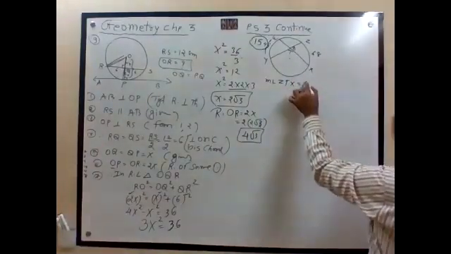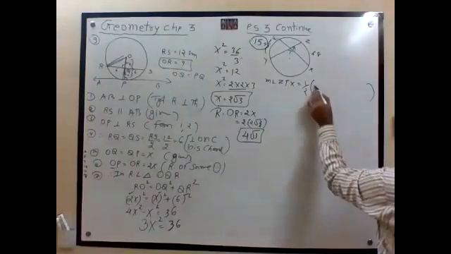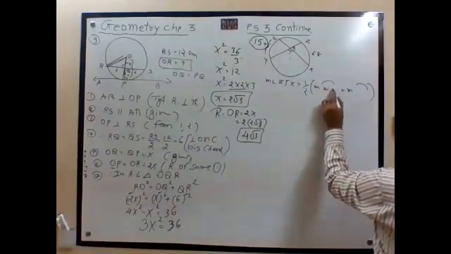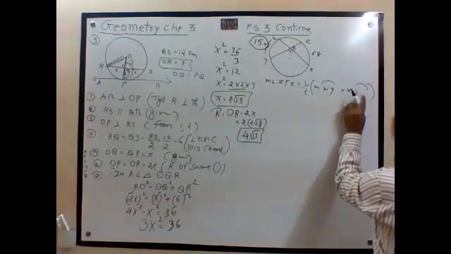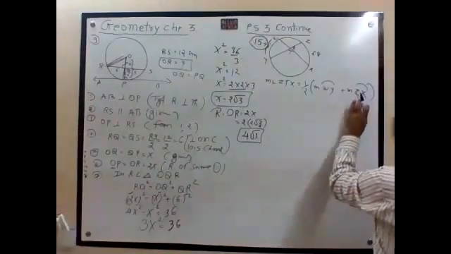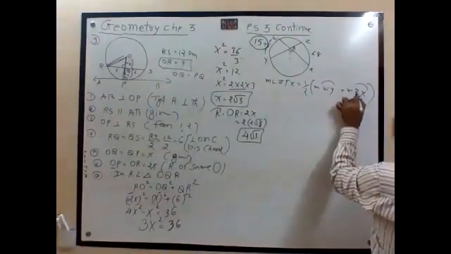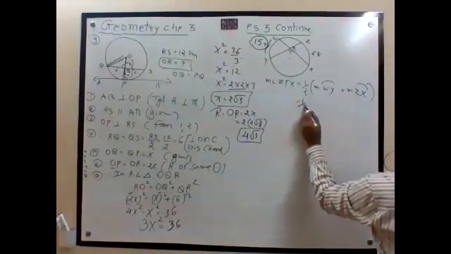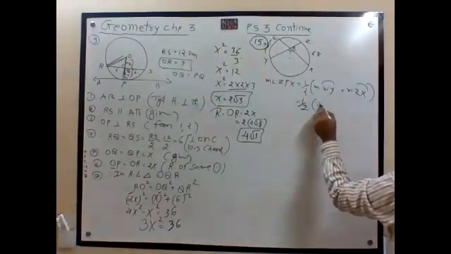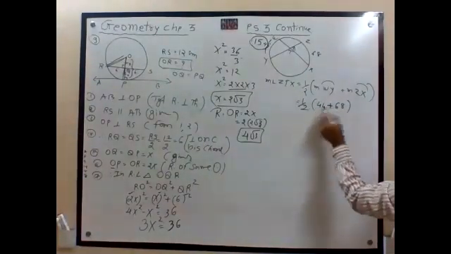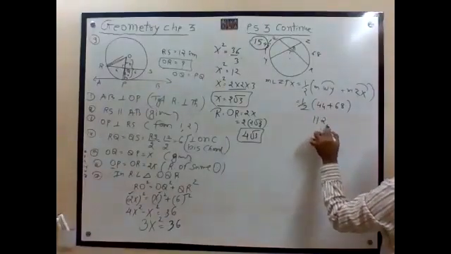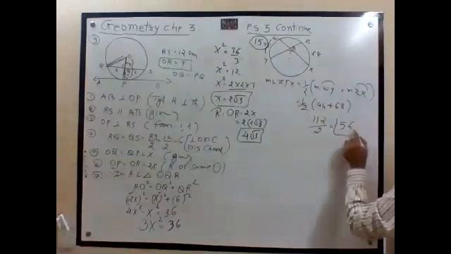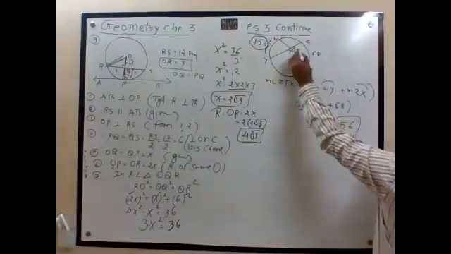This is internal, so it is half of the sum of the major arc WY and the major arc ZX. Half of 44 plus 68, 112, by 2. 100 half is 50, 12 half is 6, that is why 56 degrees. This is 56 degrees.